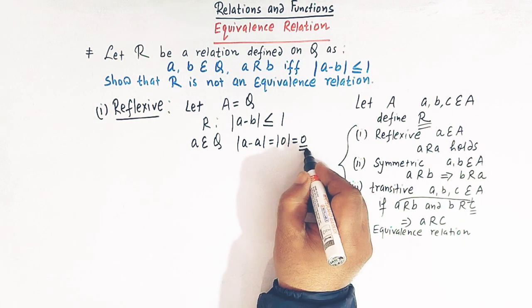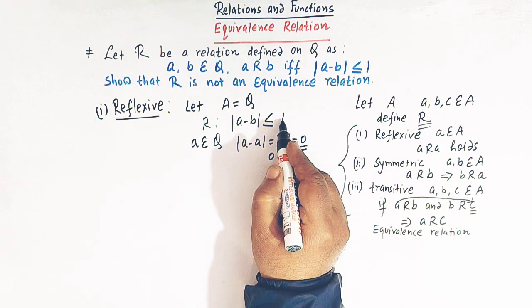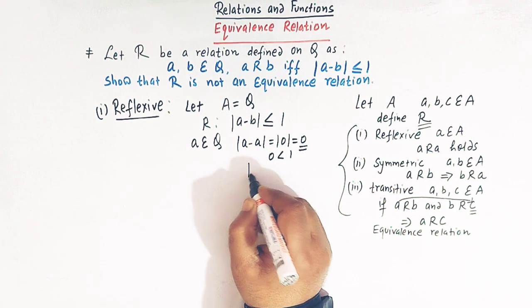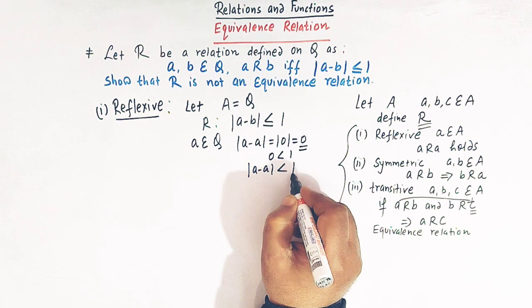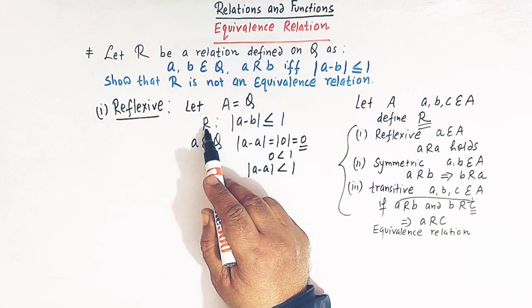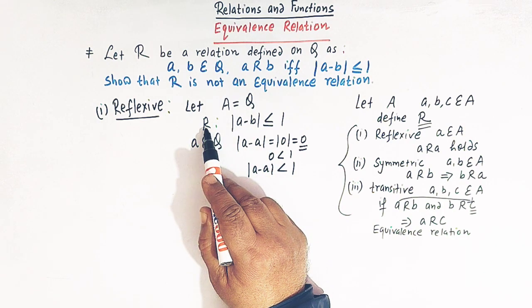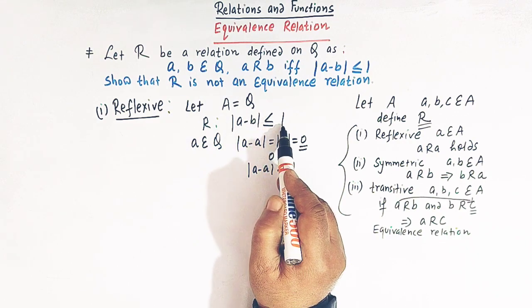This 0 is obviously less than 1. So mod of a minus a is less than 1, and from the definition of relation R, mod of a minus b is less than or equal to 1.